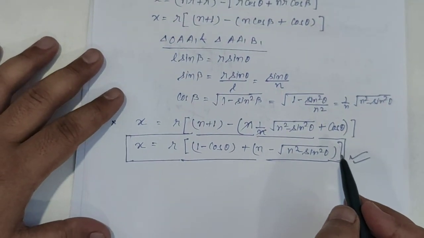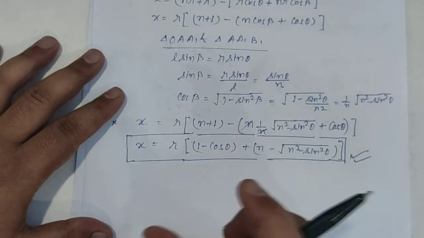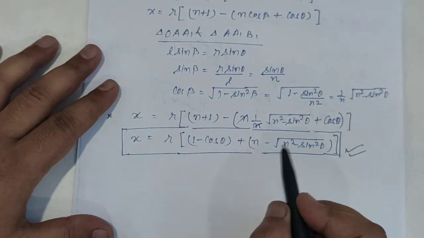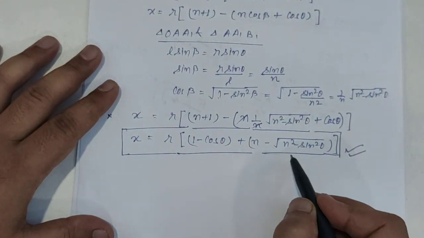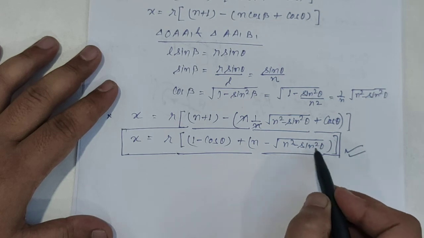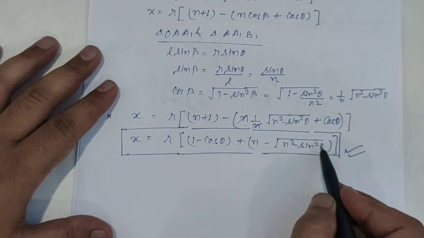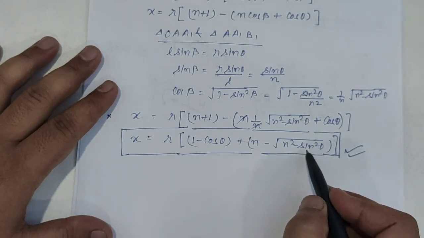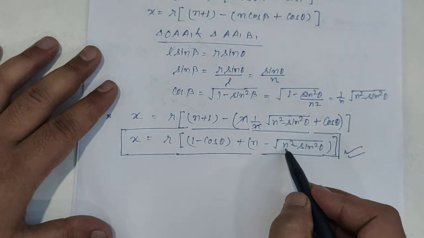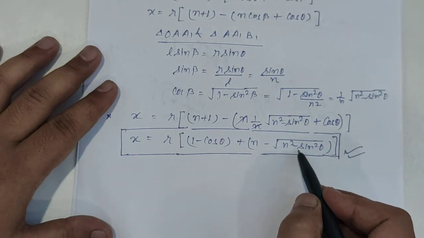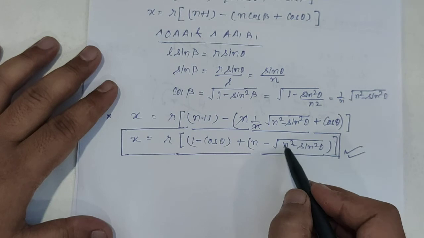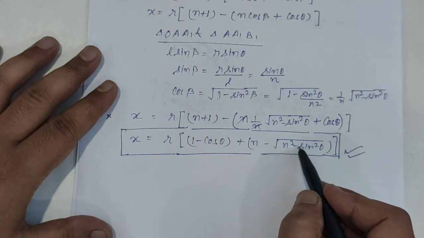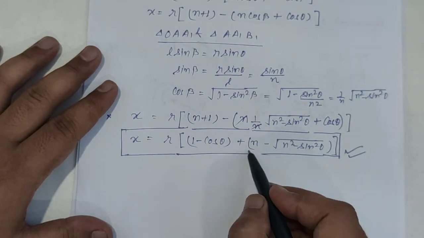Piston is having mass and that is rotating. Now from here we can say that the maximum value of sin theta can be 1, and this n is very large as compared to 1, so this part we can convert into n square under root of n square. This n square will come out, n minus n.